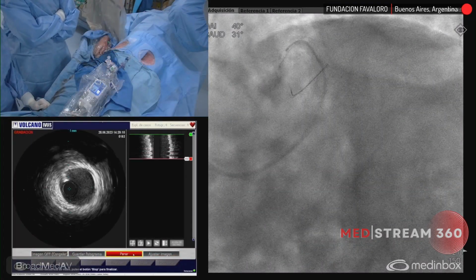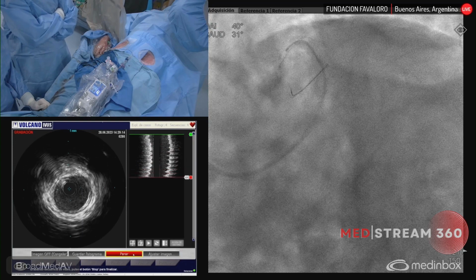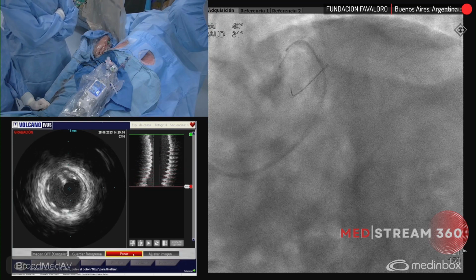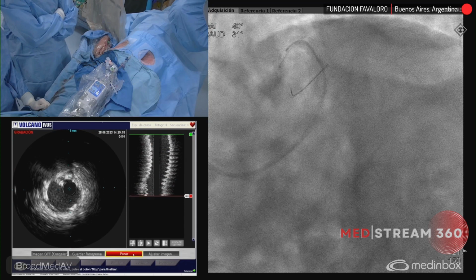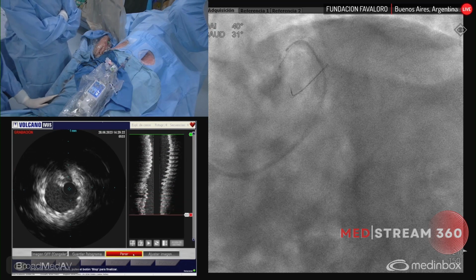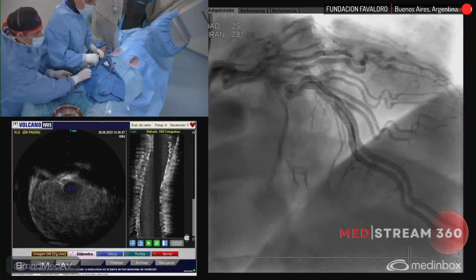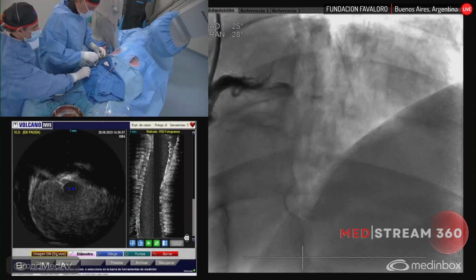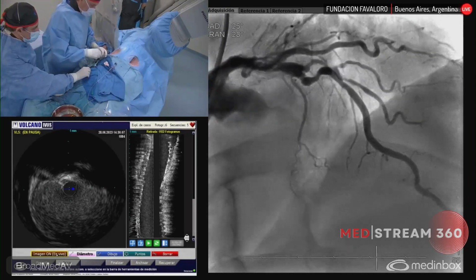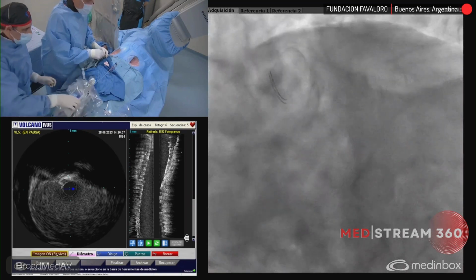You can describe, Gustavo. So this is the middle segment of the LAD, isn't it? Yes, this is the stent. It has a very good position and a good expansion. We have to see how the circ is and how fast we can go, but I think it's nothing special about the circ.